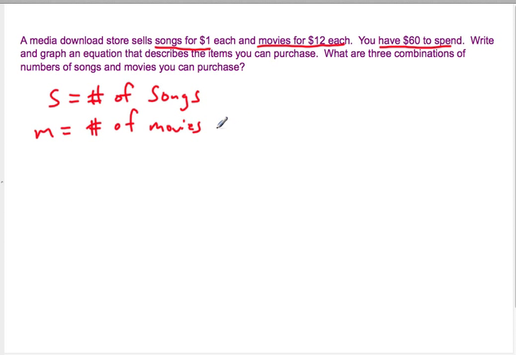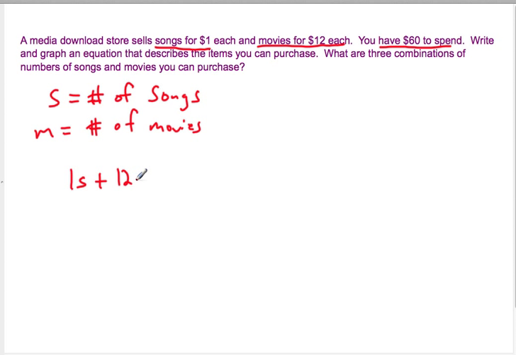So if songs cost $1, if we multiply 1 times S, that's going to give us the amount of money we spend on songs. We could just write S there, but I want to show that we have that dollar in there. Now, we're also going to use our money to buy movies, and movies cost $12. So we're going to multiply the number of movies times 12.